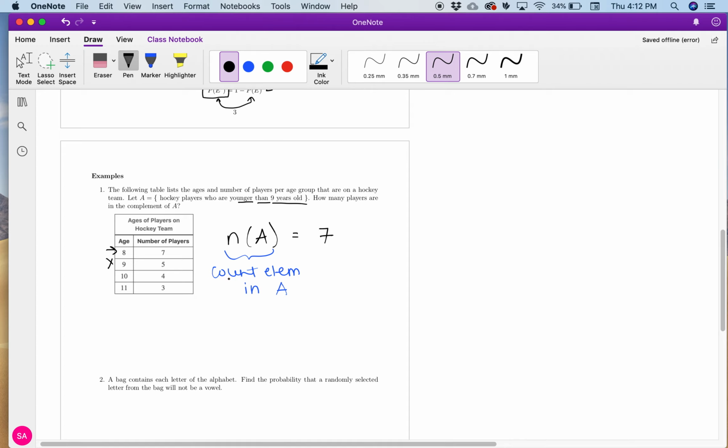So this isn't what the question was asking for, but I wanted to go ahead and do this to kind of reintroduce this notation.